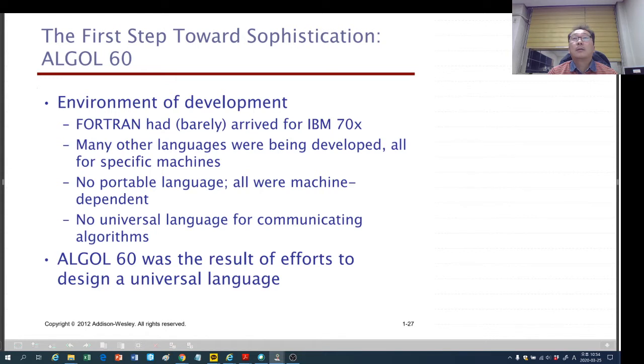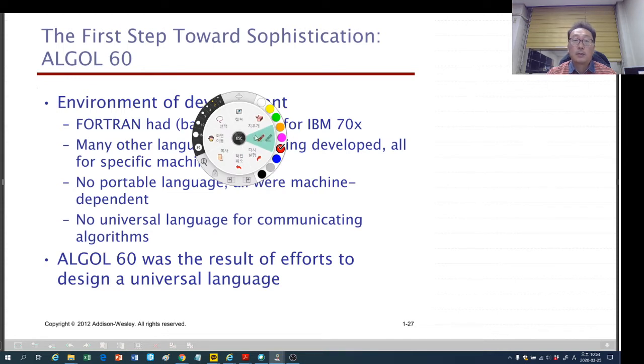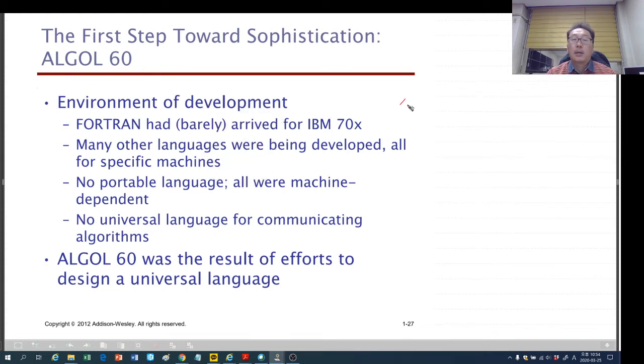As we discussed previously, in 1957, the Fortran was introduced.